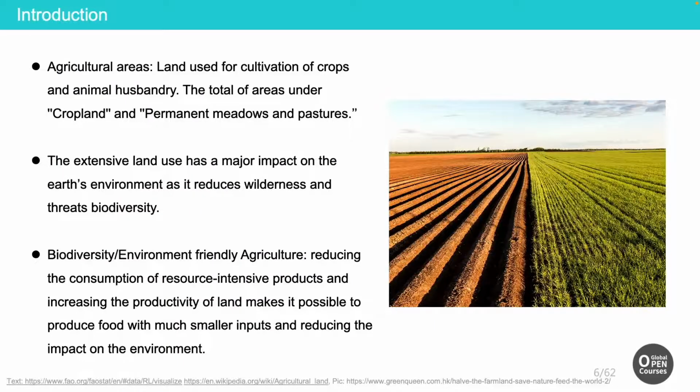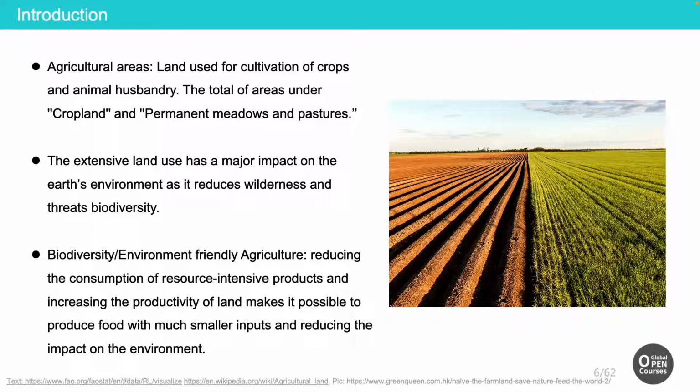Another keyword of this lecture is agriculture area. Agriculture area is land used for cultivation of crops and animal husbandry, the total of area under cropland and the permanent meadows and pastures. The extensive agriculture land use has a major impact on the Earth's environment as it reduces wilderness and threatens biodiversity.